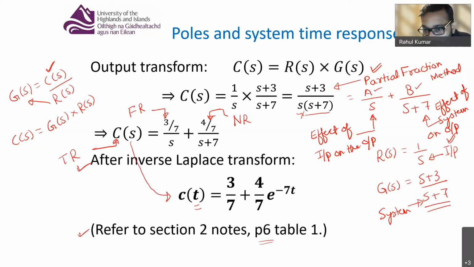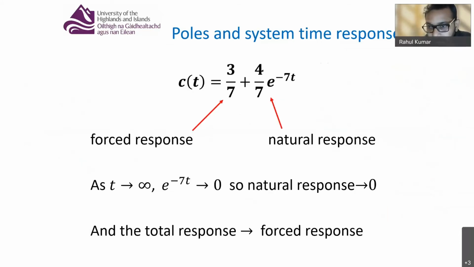If we do that, we end up getting 3 divided by 7 plus 4 divided by 7 multiplied by e to the power minus 7t. Again remember, the first term is my forced response and the second term is my natural response.